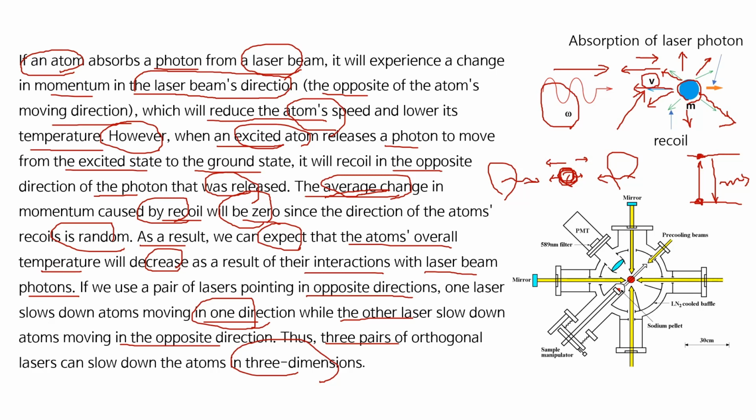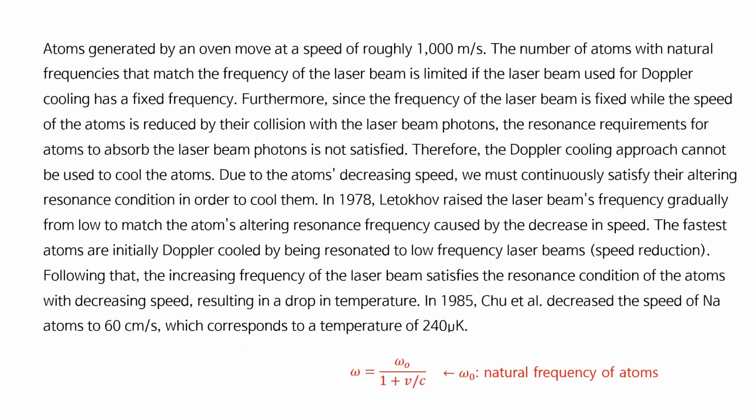If we use three pairs of laser light, then we can trap the neutral atoms in certain positions. Okay, so that corresponds to the decrease of temperature of the atom.